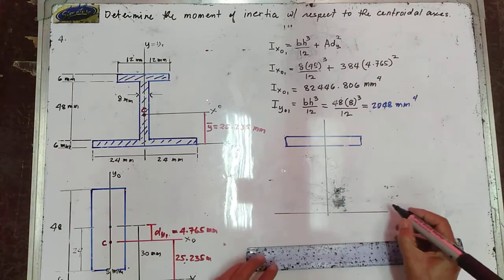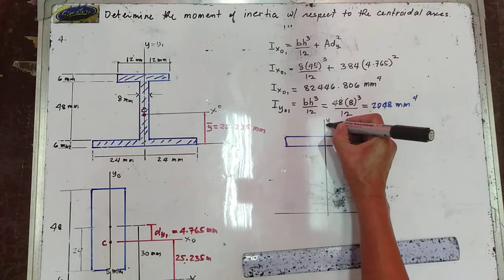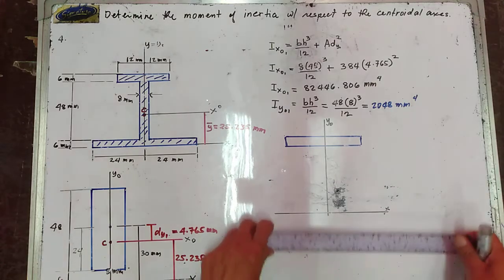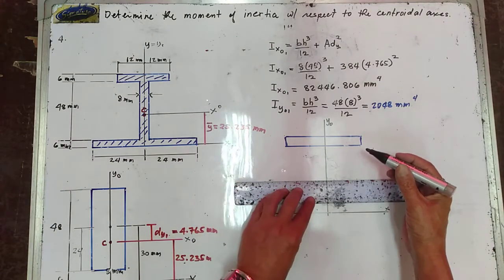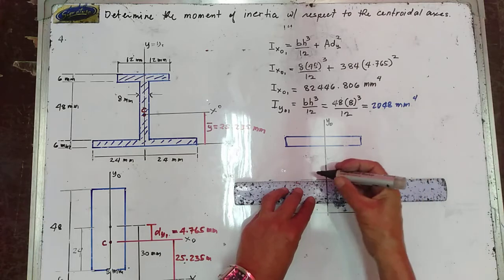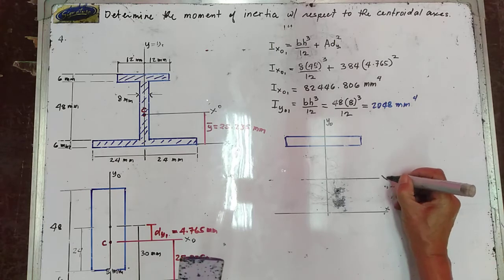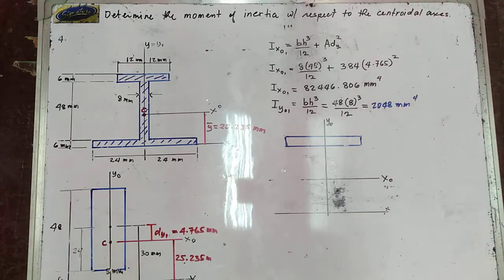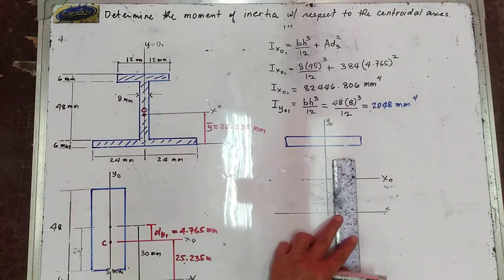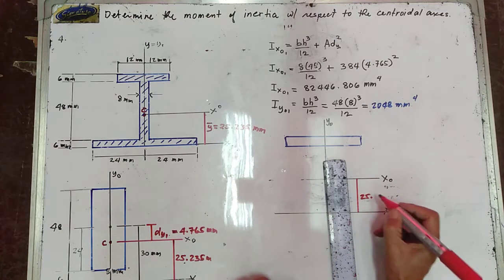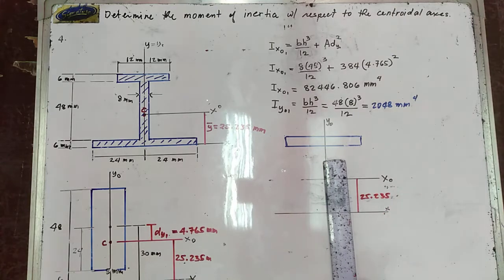This is your x, this is your y, at the same time your y sub O. And we have your x of O. And the distance from the x-axis is equal to 25.235 millimeter.